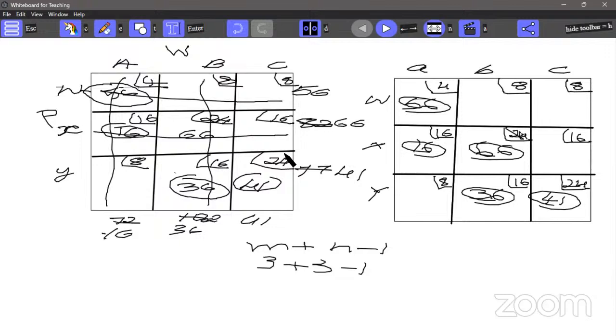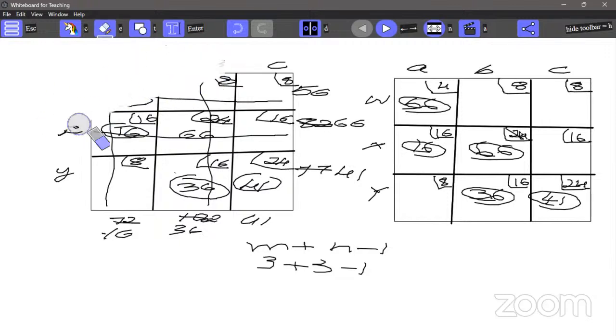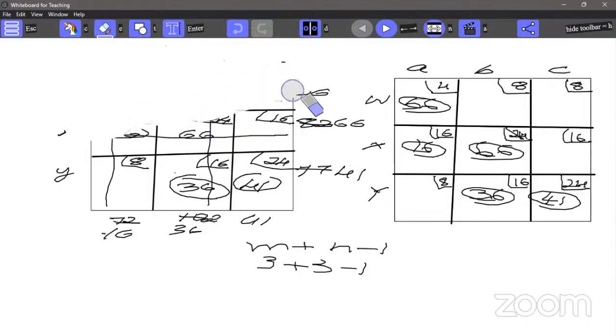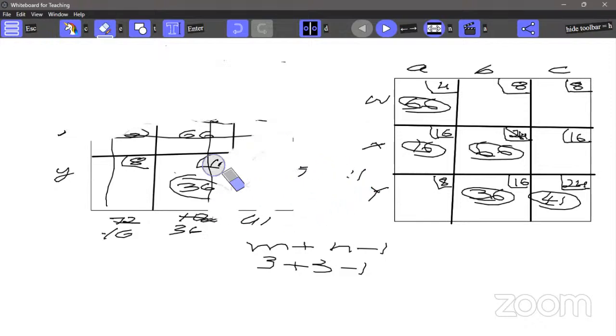Now what we have to do is see if in the cells WB, WC, XC there is any improvement possible. We find out the improvement index for the water cells.